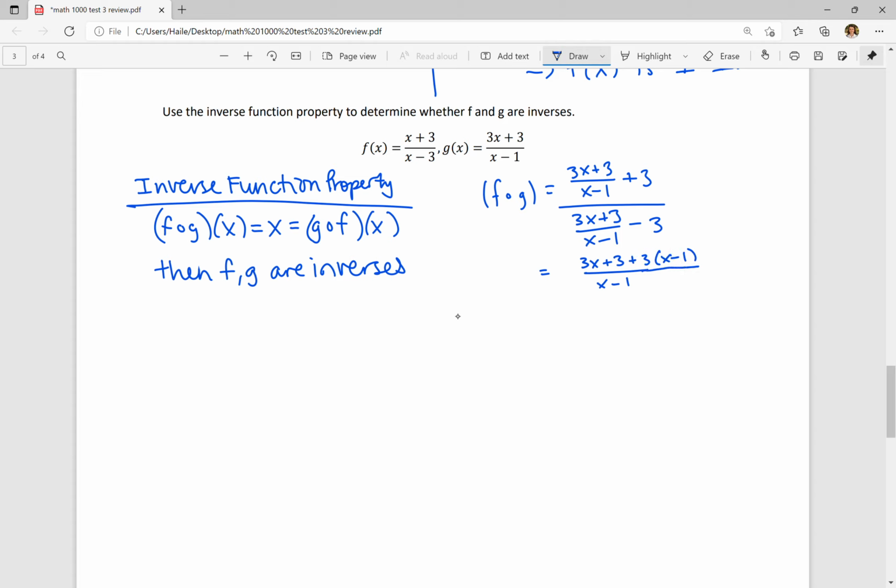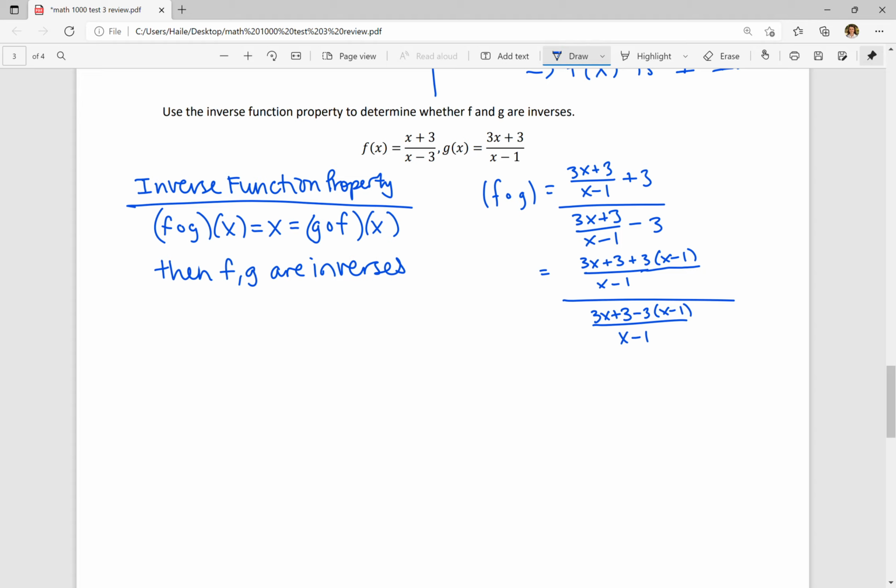So the top of the large fraction becomes 3x plus 3 plus 3 times x minus 1, all over x minus 1. We want to do the same thing on the bottom, so we get one big fraction over x minus 1. The 3x plus 3 stays the same because it was already over x minus 1. For the negative 3, we have to multiply it by x minus 1 because we didn't have that in the original denominator.